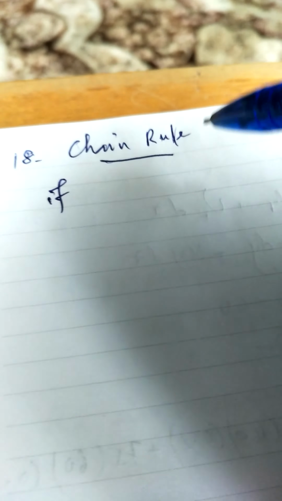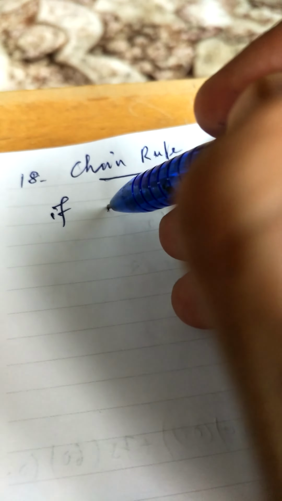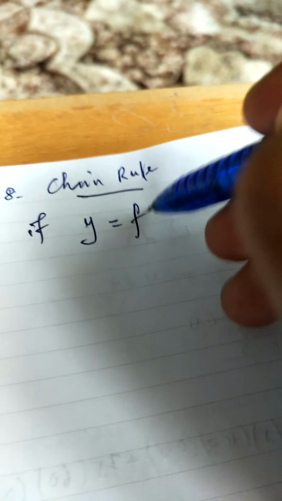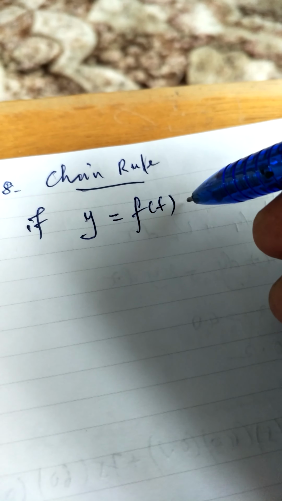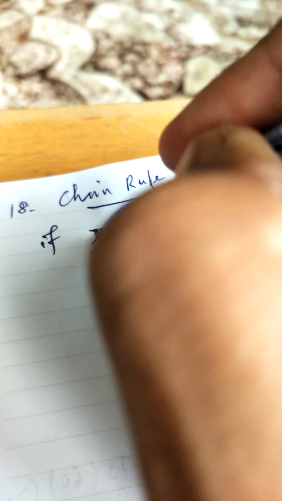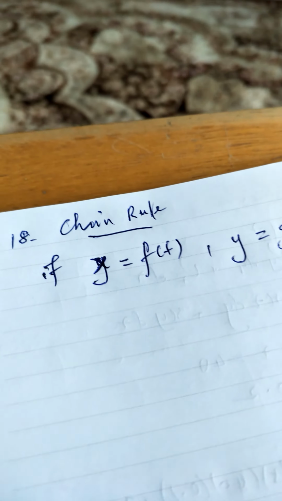Alright, if x is a function of a single variable, that's it, you have made this kind of problem, f of t, say, and y is a function of g of t, say.